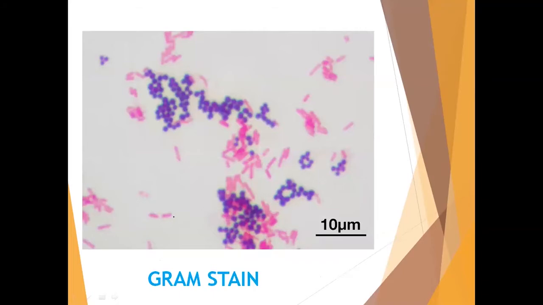Under the microscope, you can see some bacteria are blue color, like the group here. That's gram-stain positive bacteria. And some bacteria are red color here, gram-stain negative bacteria. The shapes are certainly different also, but it just lets us compare different kinds of bacteria.